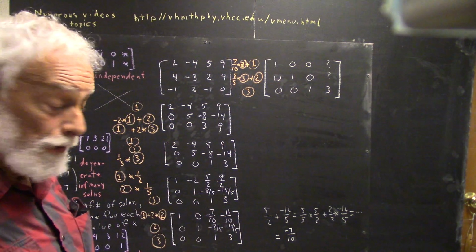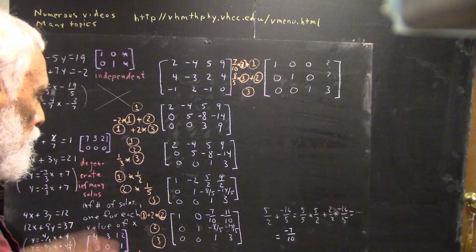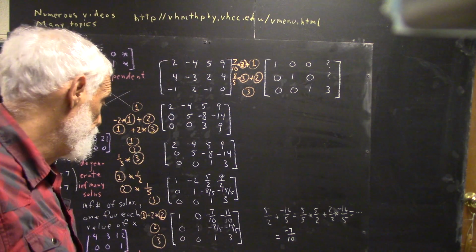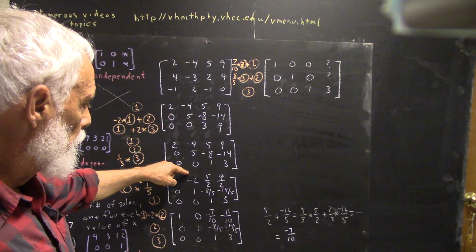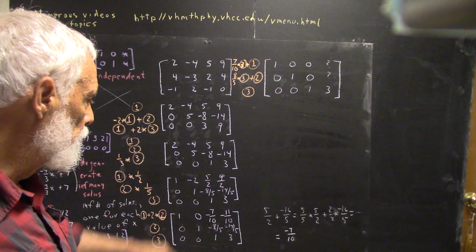That's great, and that's sufficient for many purposes, but we go a little further so that we don't even have to plug anything into an equation. And we use the 1 here to get rid of this -2.